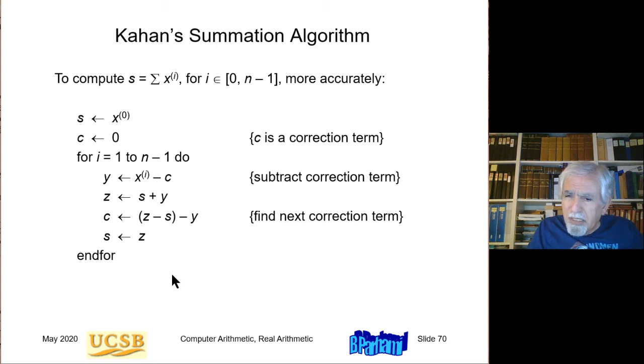Now, since Kahan's initial formulation of this problem, a lot of additional work has been done on accurate addition of a list of floating point numbers. Some of the references are at the end of the chapter. There are many other ways that you can do this. For example, you can avoid doing multiple floating point operations per iteration by sorting the numbers, let's say from largest to smallest, and then adding them.